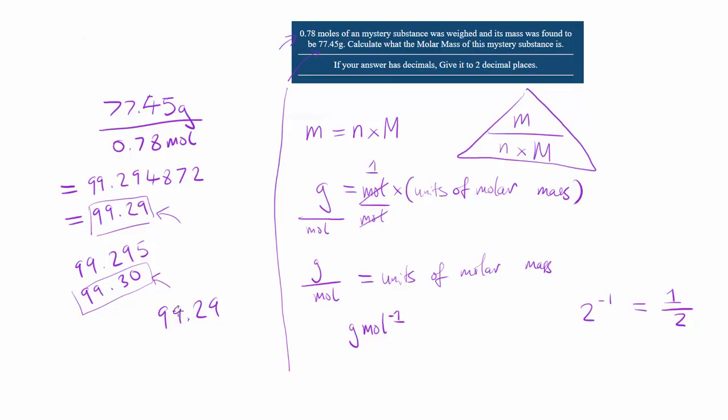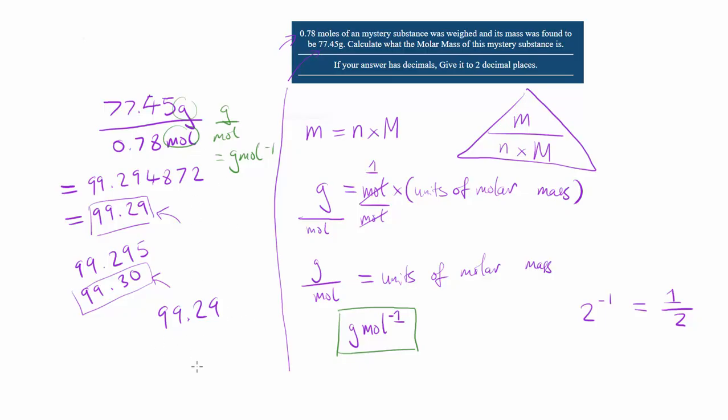We need the units. What we've established here, as you remember, is that the units of molar mass in this specific context is going to be grams per mole. Therefore, and you can see it from here anyway, we've got the grams being divided by the moles equals grams per mole.